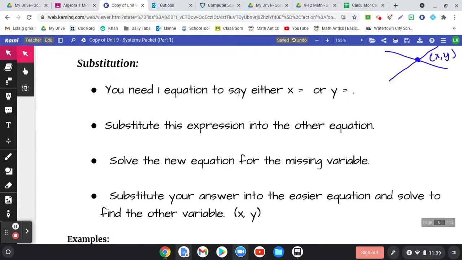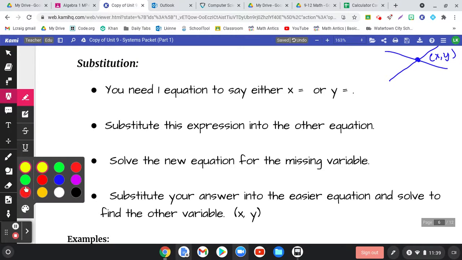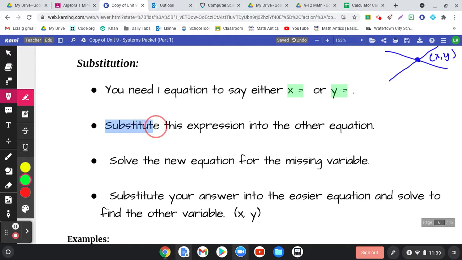First, you're going to need one equation to say either x equals or y equals, as long as you have one of them alone. So you want either the x alone or the y alone. And it doesn't matter if it's on the left or right-hand side. Next, you're going to substitute this expression into the other equation.